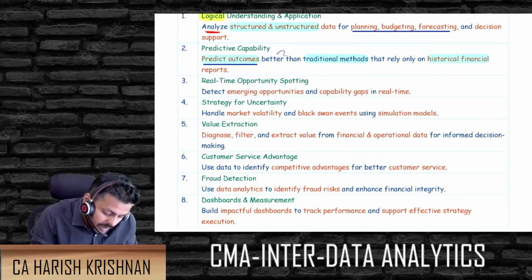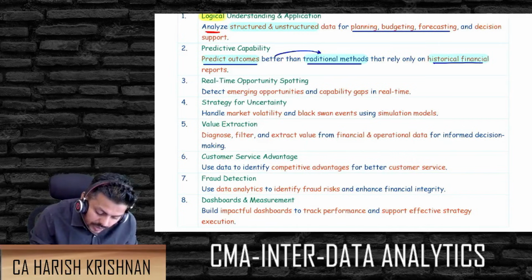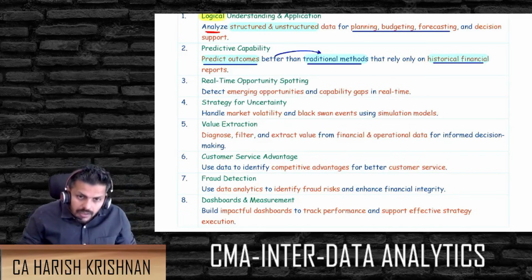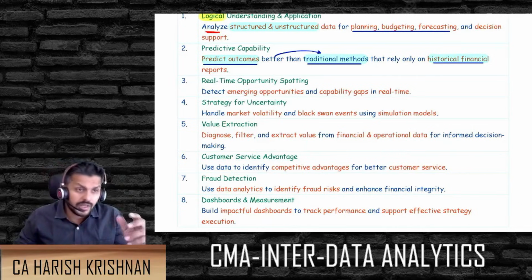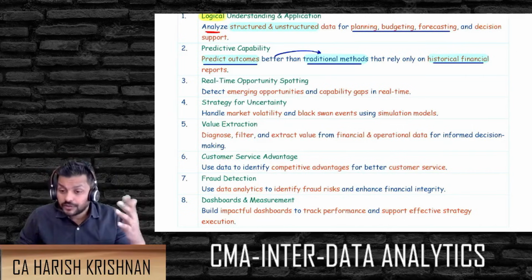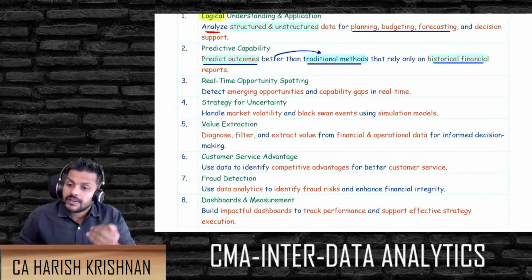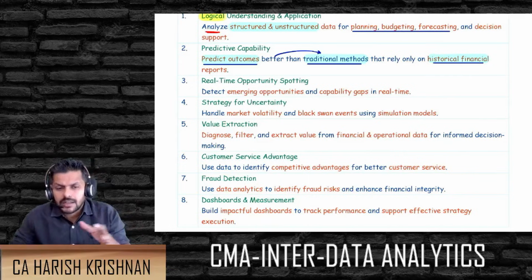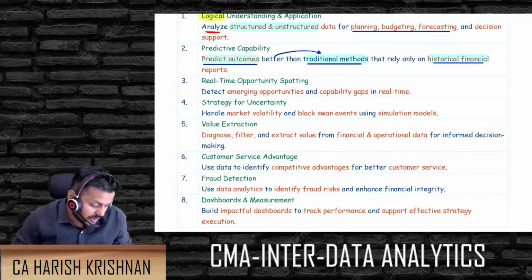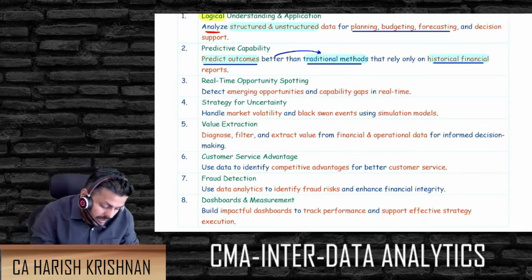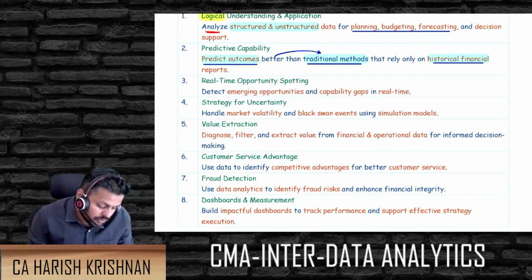Then real time opportunity spotting: during the course of using this data, or the understanding of the information, you should see whether any of this information is useful for you in making the right set of outcomes. If so, it is great. If not, then of course we have to find the next alternative as to what we can do.